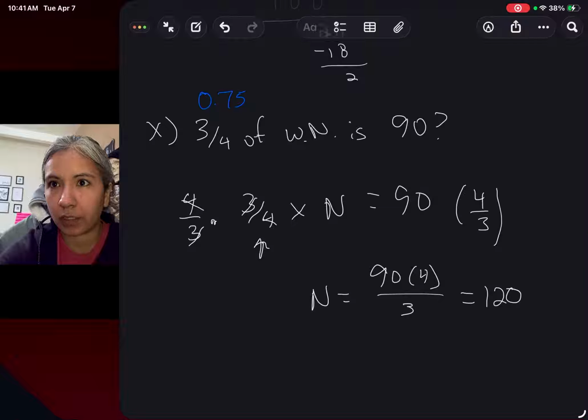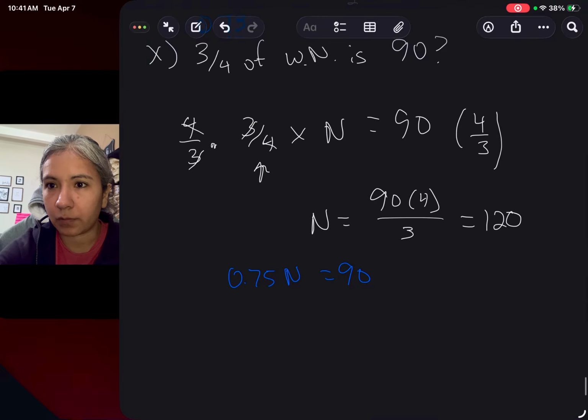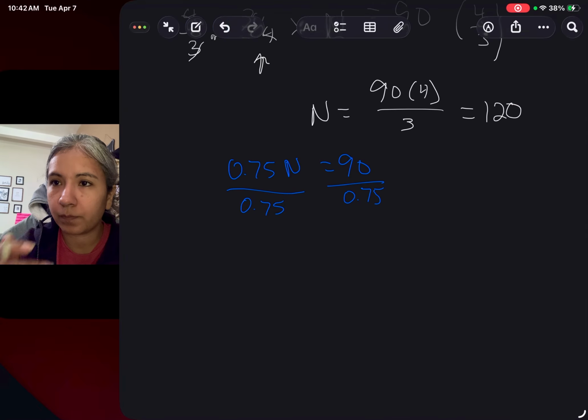So we would have had 0.75 times N equals 90, and so we would have divided by that 0.75, right?